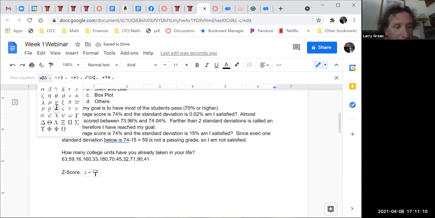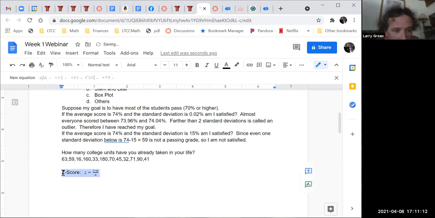So a lot of different letters here. And let me make this big so that you can actually read it. Okay, so that's a z-score. Now here's what that says. First thing is x is the value you're interested in. So my SAT score was 1,260.